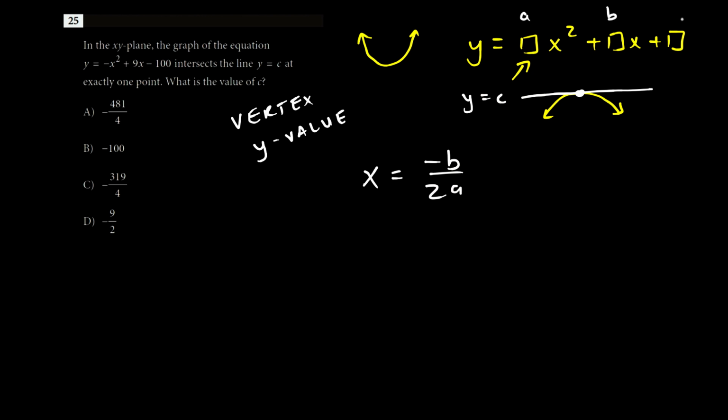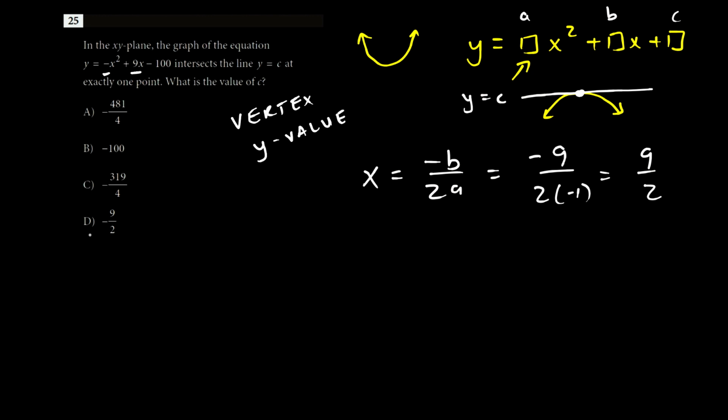So here's a, here's b, here's c. So in our problem, we would have negative, and our b value is 9. That's the coefficient of the x. 2 times a, it's just negative 1. So 2 times negative 1. So we get 9 halves.